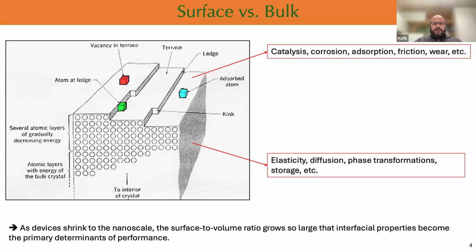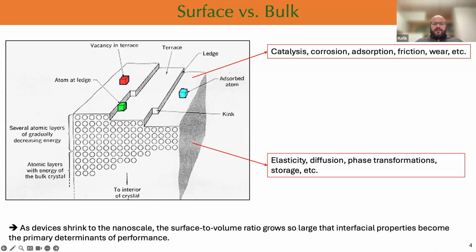At these boundaries, materials exchange charge, mass, and energy with their environment, control transport barriers, initiate reactions, and drive failure mechanisms. As devices shrink to the nanoscale, the surface-to-volume ratio grows so large that interfacial properties become the primary determinant of performance. So when we shrink materials, surfaces and interfaces become the primary determinant of performance.